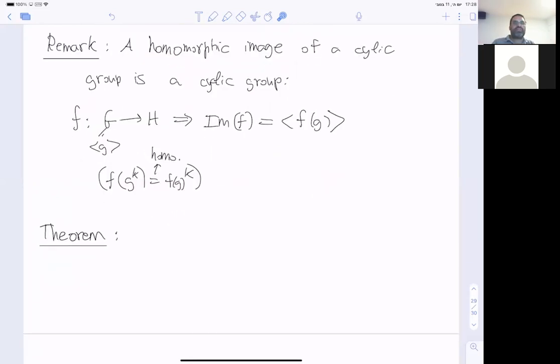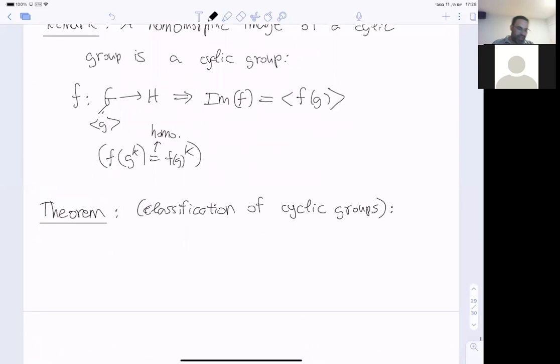Okay, so the theorem says the following. This is sometimes called the classification of cyclic groups. It says: let G be a cyclic group.